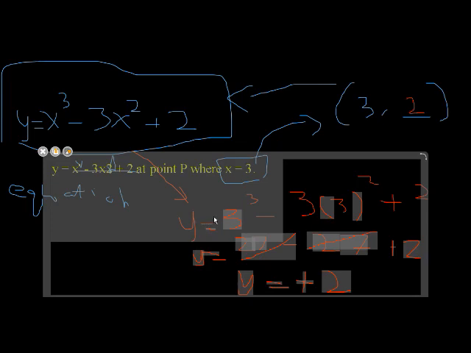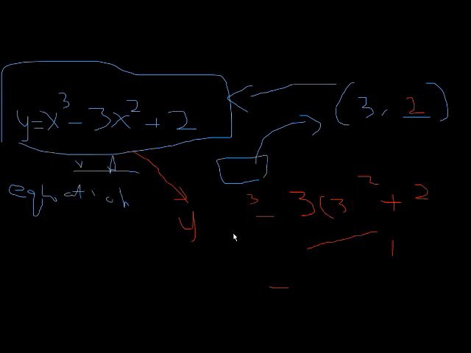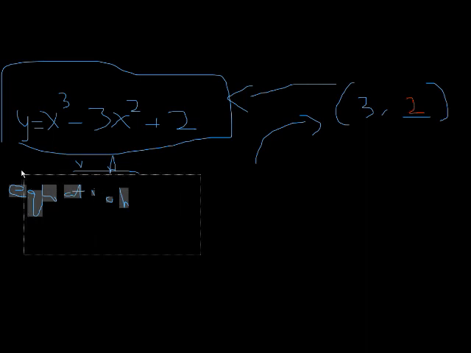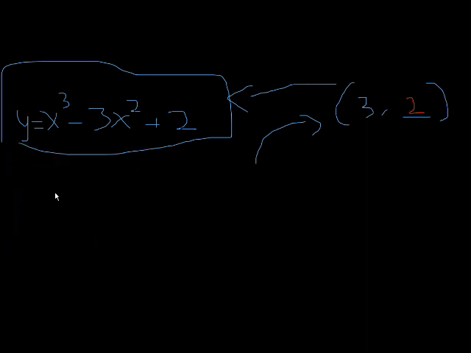Now first we have to find the differential, and then we'll find the equation, and then put in the values to find the y-intercept and find the final thing. So this is the main graph equation. Using the differential method, we'll find the equation for the gradient.